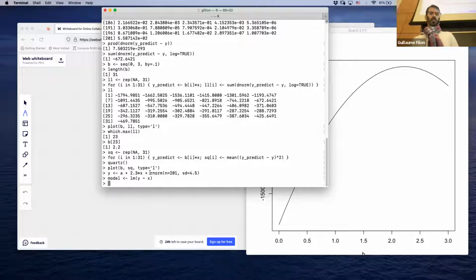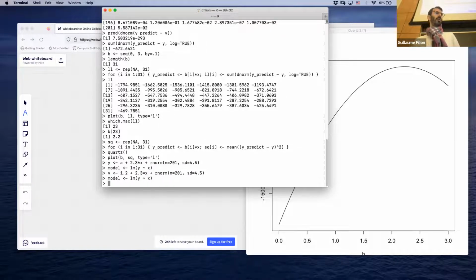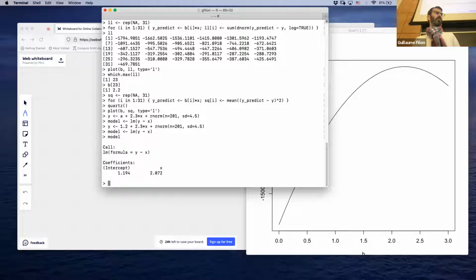Okay, so I'm going to create a new example here. Here we go. With these values, I need to find a value for a. We're going to say 1.2. Now when I fit the model and type model, it gives the information that I was after.